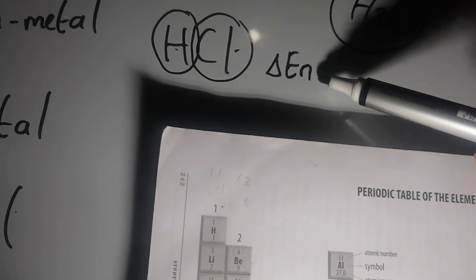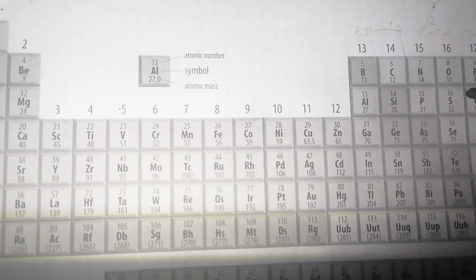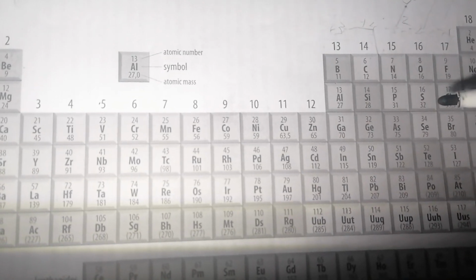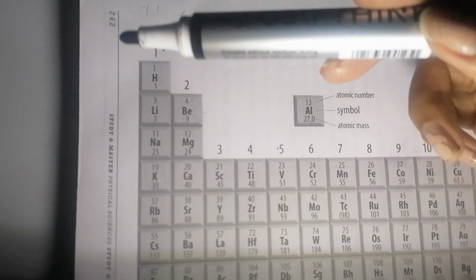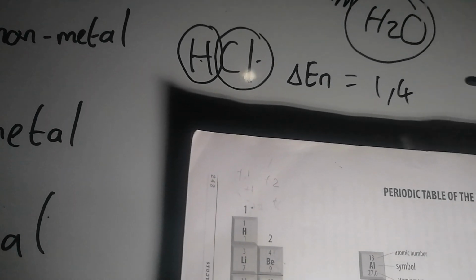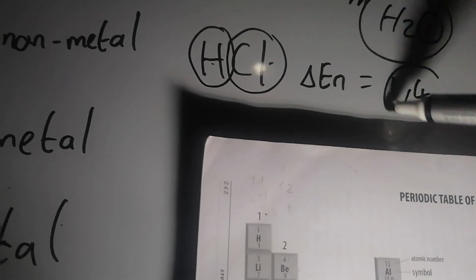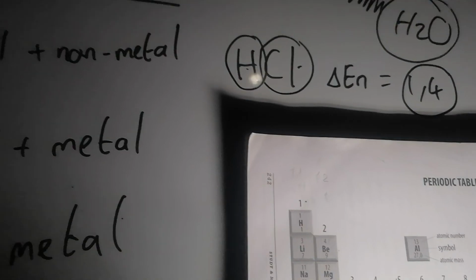That's how you get your delta En. So here we're dealing with Cl, so you'll take the number on the side of Cl minus the number for H, and you'll get your delta En. Let's say you got an answer of 1.4. Now, how will this determine whether it's covalent or ionic or so on? This is what I want y'all to learn.